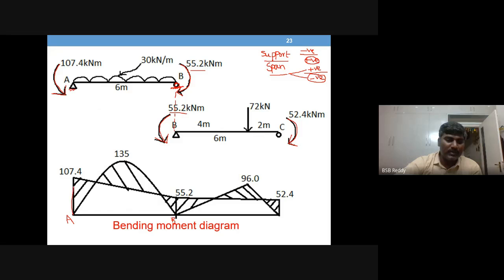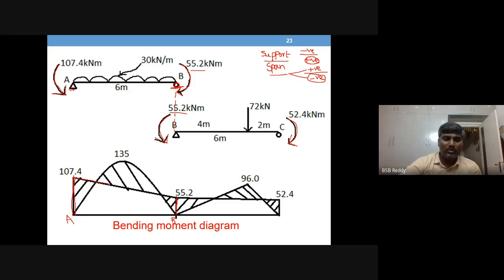So draw the 107.4 ordinate at A. Next, come to the B support. Only support moments you should draw. Don't consider this 30 kilonewton per meter. Same, the sum of all moments to the right of B, you have 55.2 clockwise. Right clockwise is also negative in beam notation. So draw 55.2 at B.